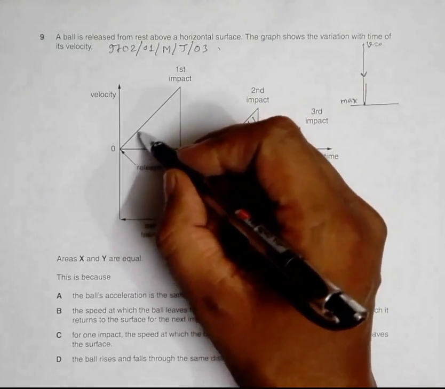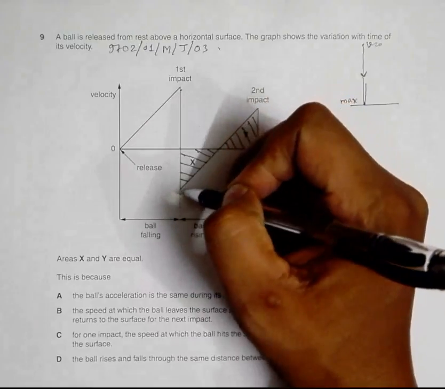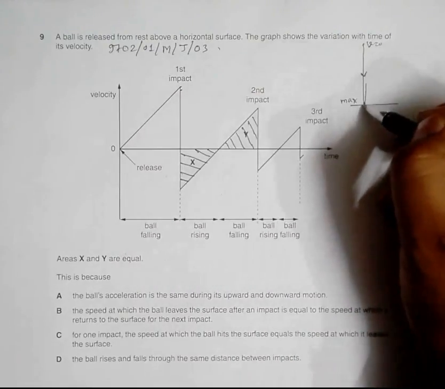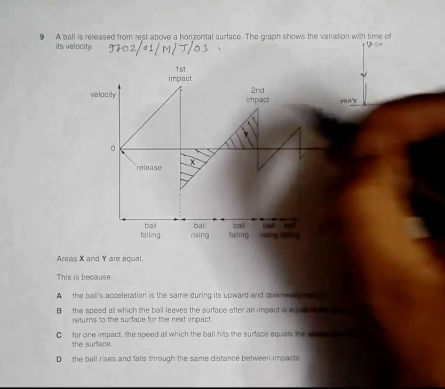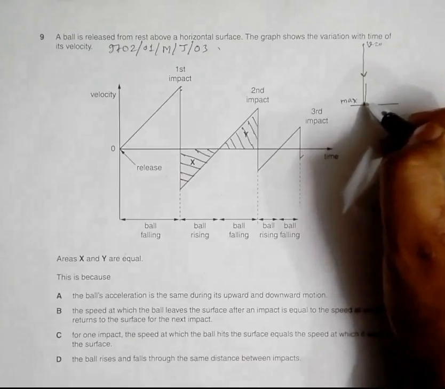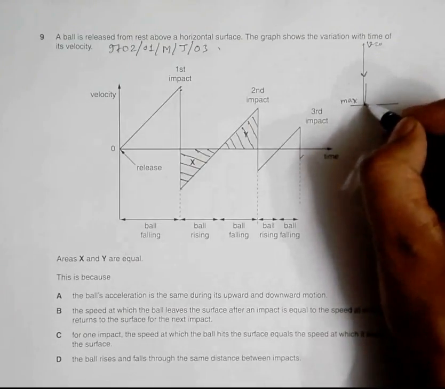This shows that increase in velocity, and this part shows the collision. From here to here it comes to rest, and then starts a negative part, and this is the launching velocity after collision.